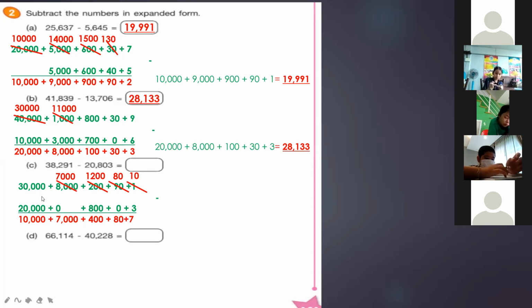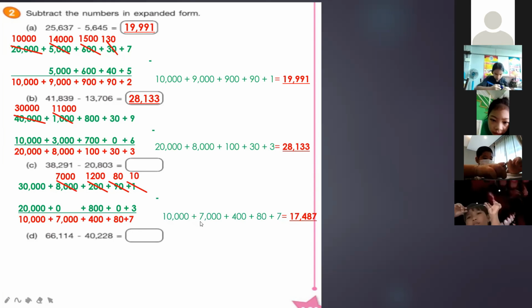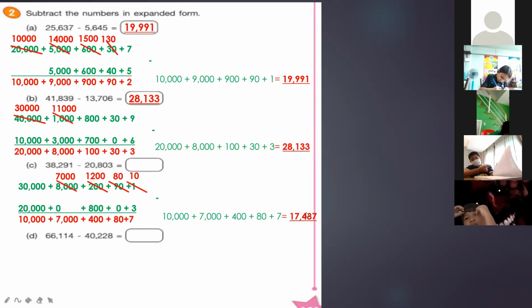So let's add the answers together. 10,000 plus 7,000 plus 400 plus 80 plus 7 is equal to 17,487. So the answer for letter C, 38,291 minus 20,803, is equal to 17,487.